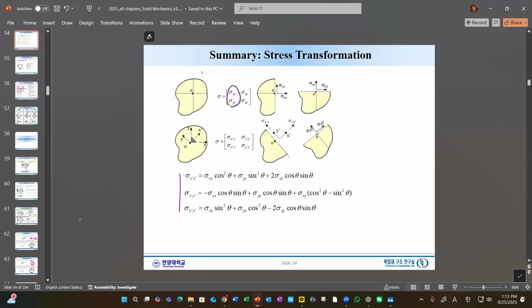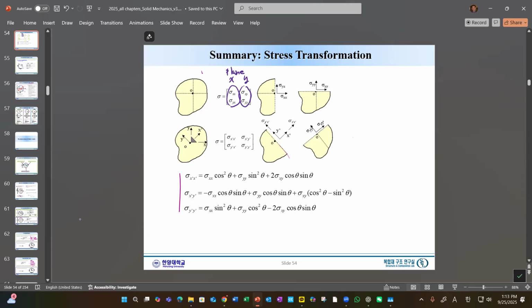And if we cut this way, there will be another two stress components, which occur on the y plane. So this is the x plane and the y plane. You can imagine these planes.